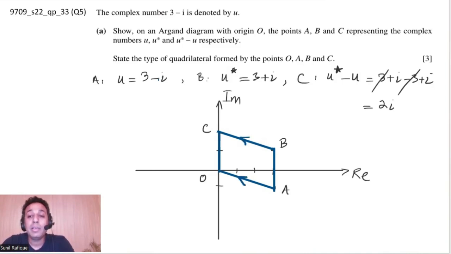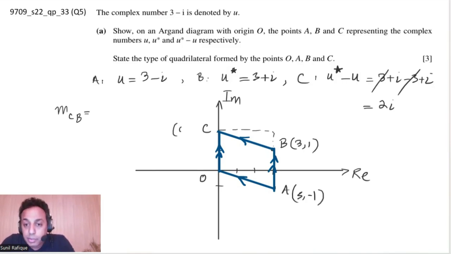You might be thinking, is this a 3-mark question? If you want to go one step further, I don't think so. The mark scheme requires that, but the gradient of CB, if you check it, this is a 3 and a 1, and this is a 3 and a minus 1, and that's a 0, 2.